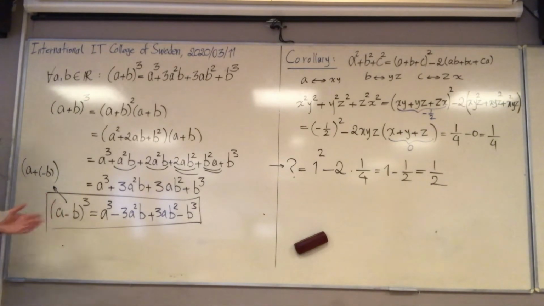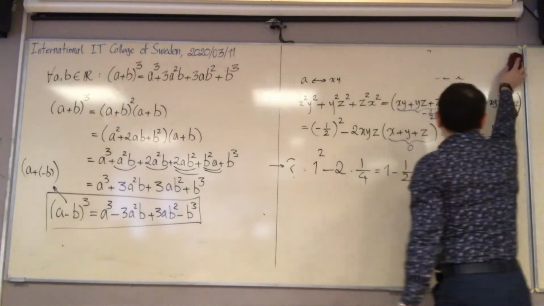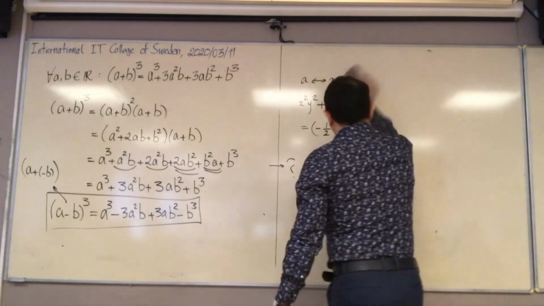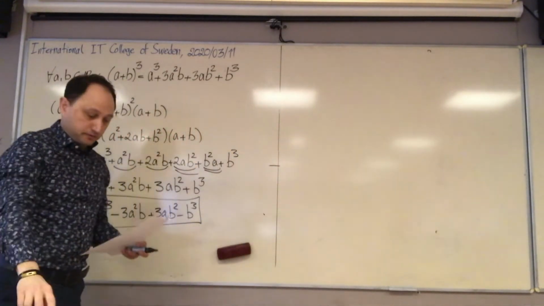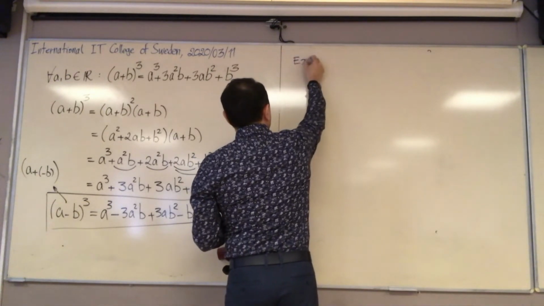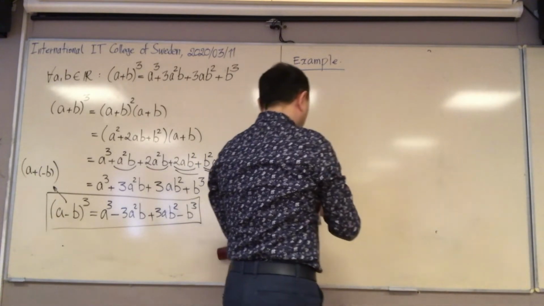Any questions here? So let me give you one very simple example, and then go to more exciting examples. Okay, so example. I want you to use this identity to expand, not by multiplication.